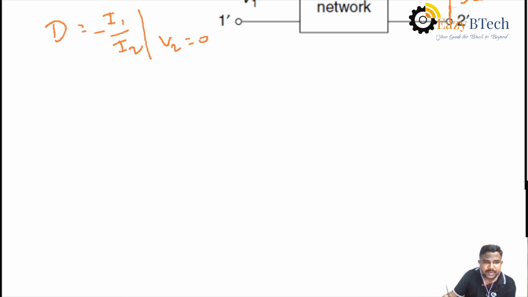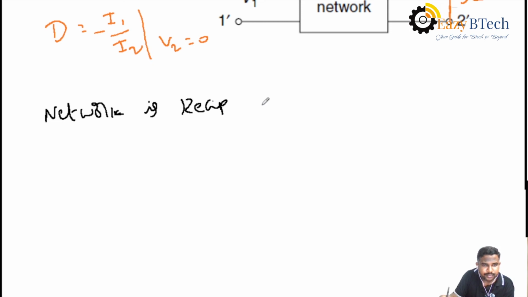After finding the ABCD parameters, the most important formulas are the conditions to find out whether the given network is reciprocal and whether the given network is symmetrical.